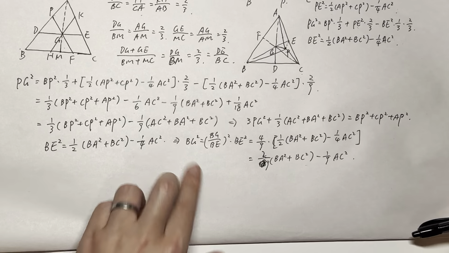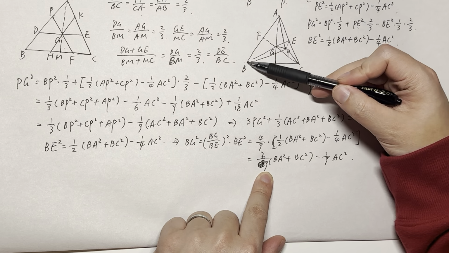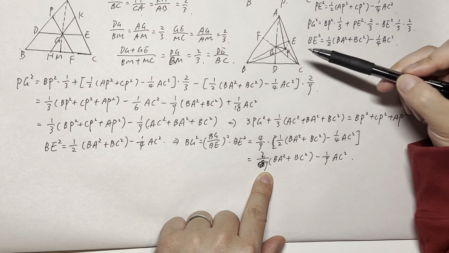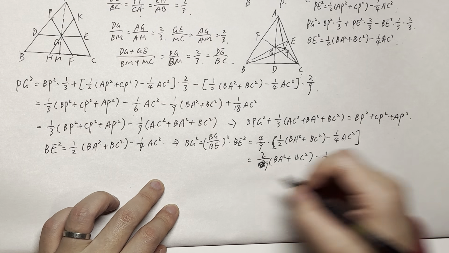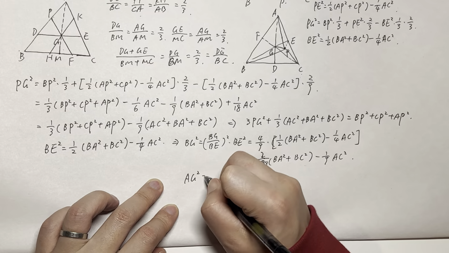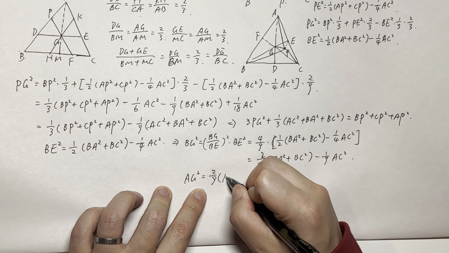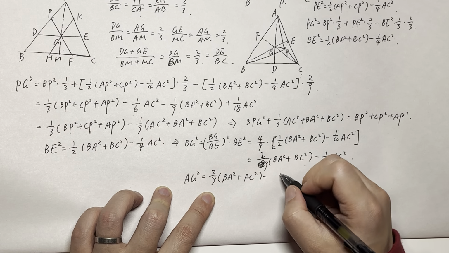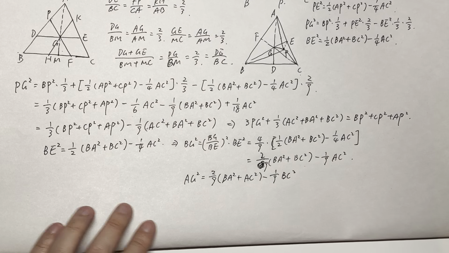So look at here, BG squared equals 2/9 AB squared plus BC squared minus 1/9 AC squared. So similarly, we can get AG squared equals 2/9 BA squared plus AC squared minus 1/9 BC squared, right?